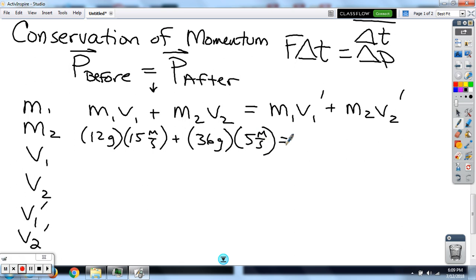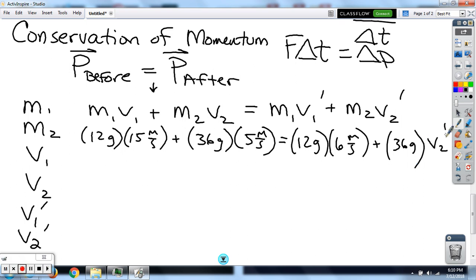That has to equal 12 grams times 6 meters per second plus 36 grams, and you don't know what the speed is of the 36 gram object after the collision. So I have nothing to plug in there. But since it's the only thing I don't have, I can solve for it.